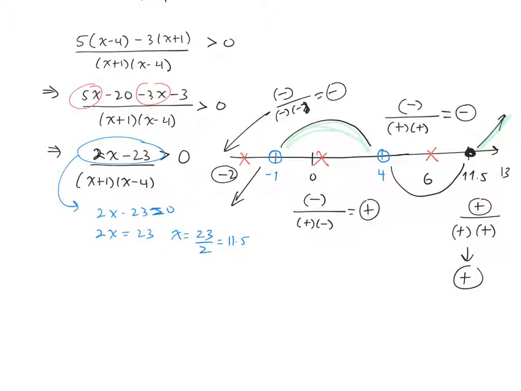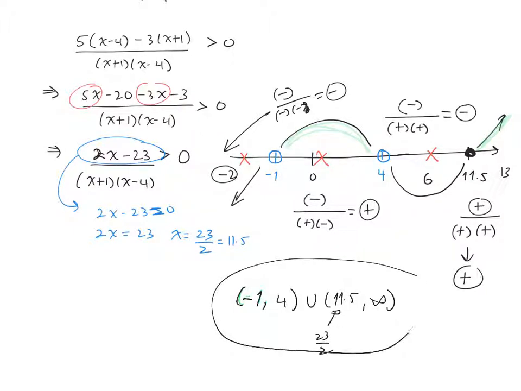So in interval notation, this is from -1 to 4, or 11.5. Remember, this is 23 over 2 to infinity. That's it.